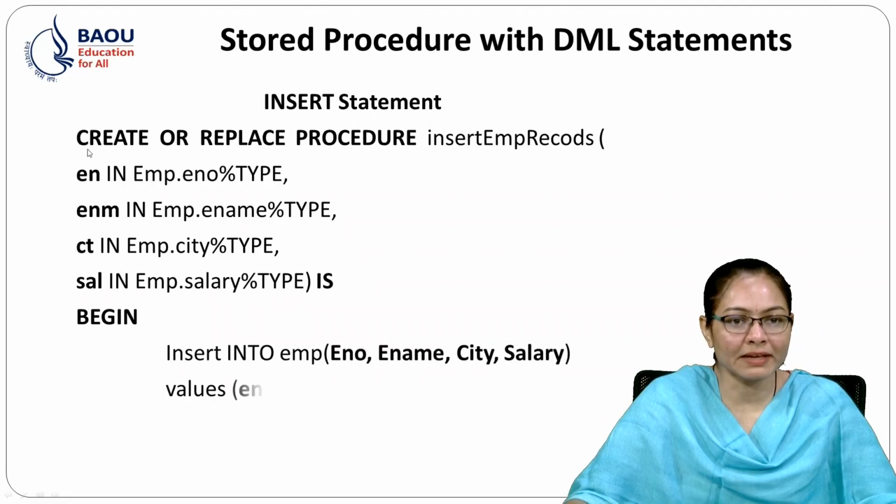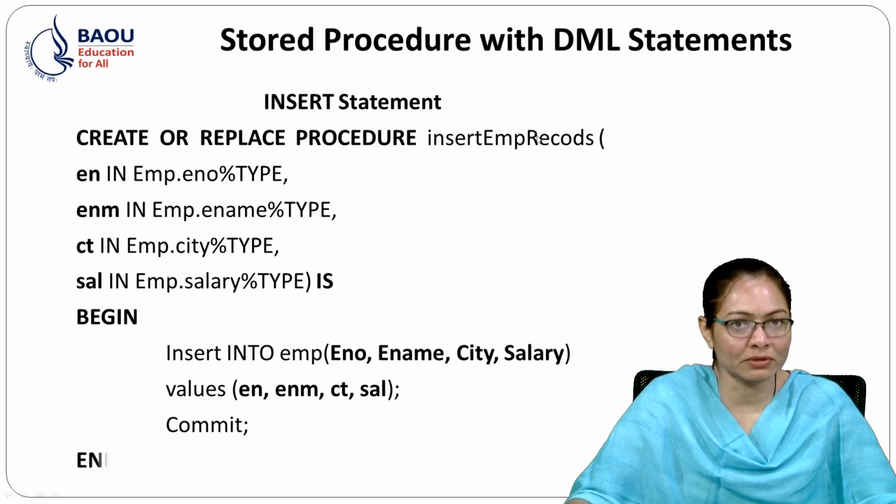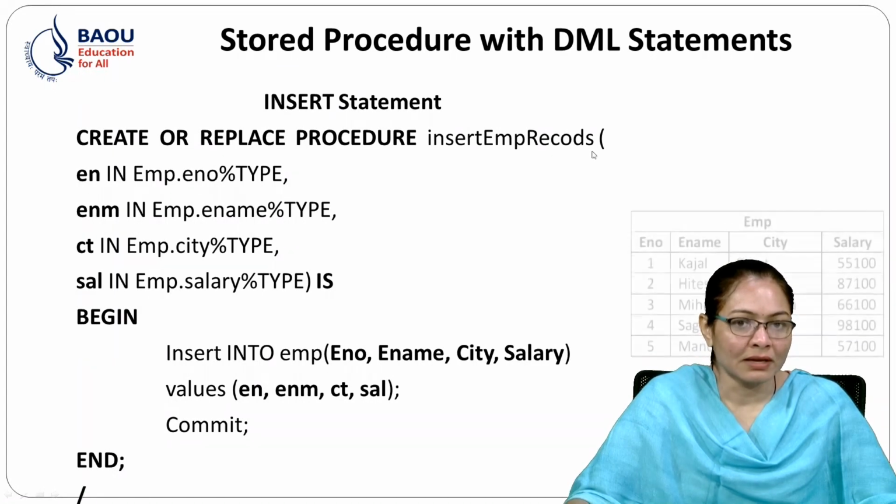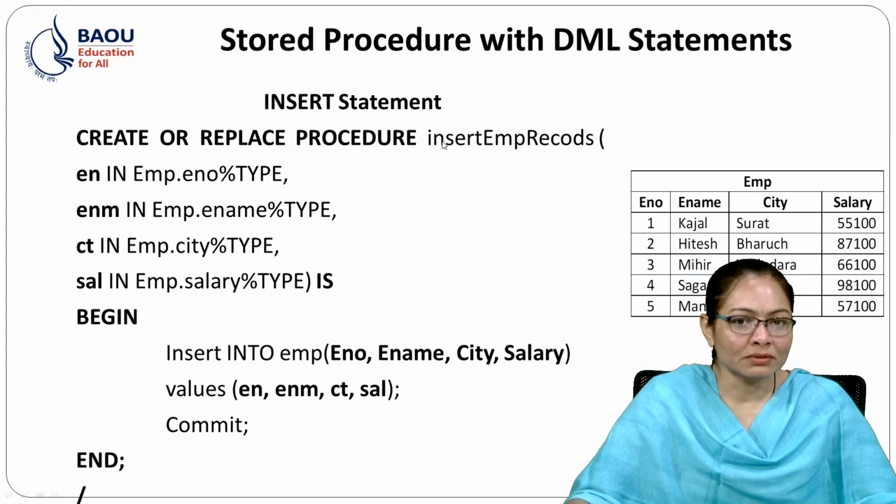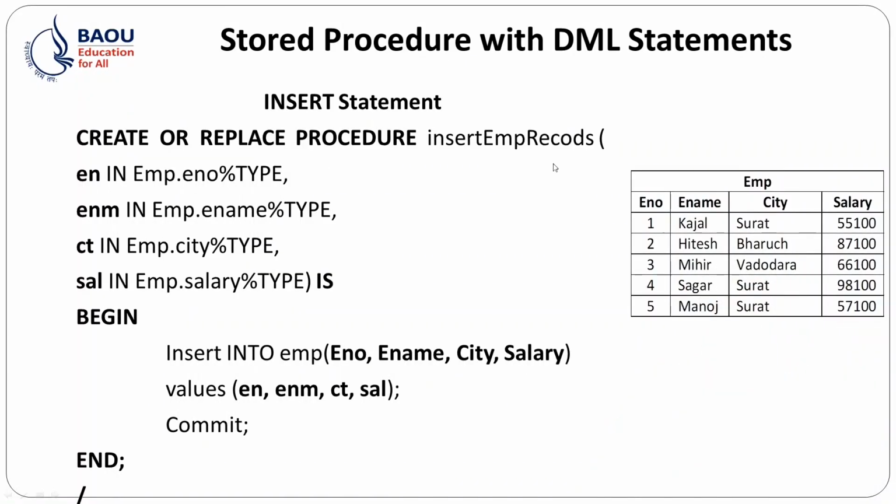First of all, we create the procedure: create or replace procedure, then the procedure name. This is the user defined procedure name: insert employee record. In the brackets, we define 4 temporary variables because the employee table has 4 columns: employee number, name, city and salary.